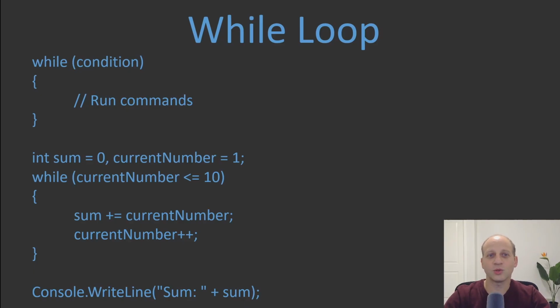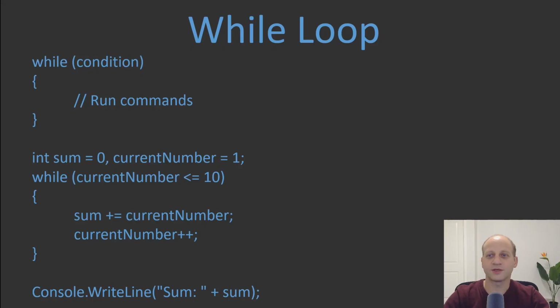In our case, we need to go from 1 to 10 and add every number to the sum variable. So in this case, we need to stop the addition operation when we reach 10. So we declare another variable named current number, which will be advanced after every iteration. When the current number variable is bigger than 10, we should stop running the loop.